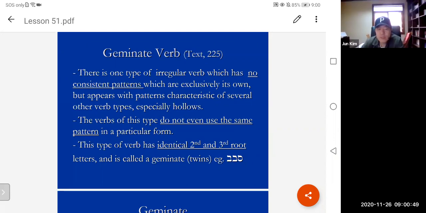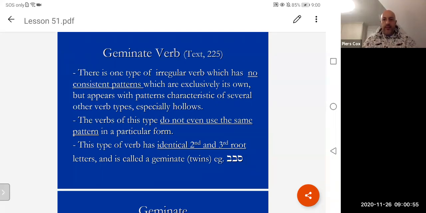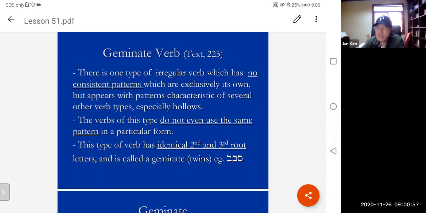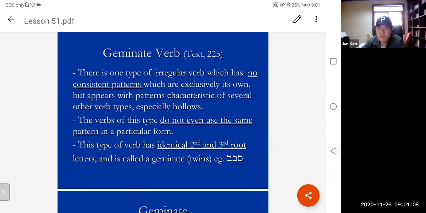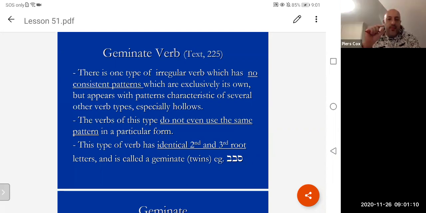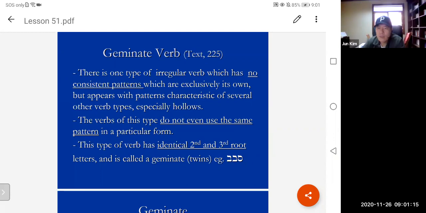In terms of English, are you familiar with this word, geminate? Does it have any meaning referring to twins? It has a meaning referring to a seed. When you plant a seed in the soil and it germinates, that is when the first little sprout, the first little leaf, pops out of the seed.